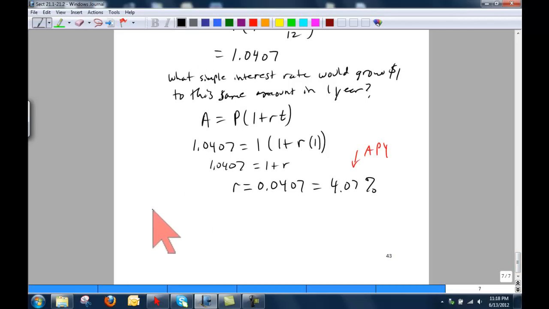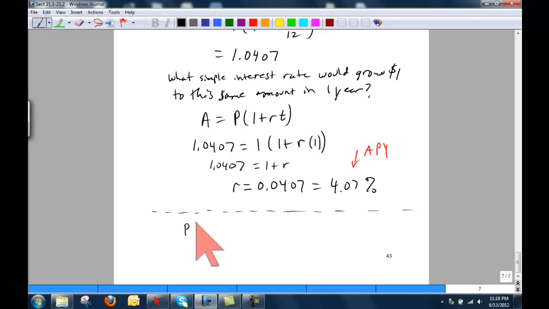That answers that question. One more thing to point out is that if I were to take this equality, set the compound amount to the simple amount, and solve, it would look like this.